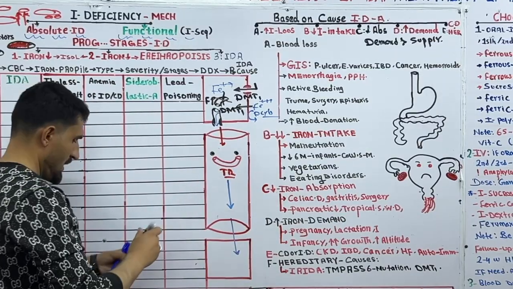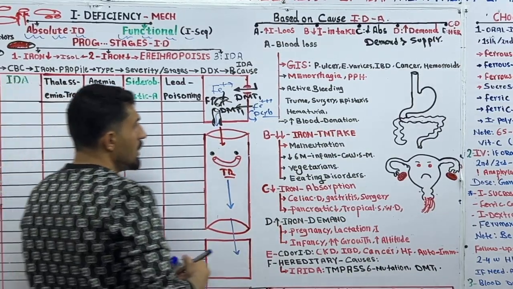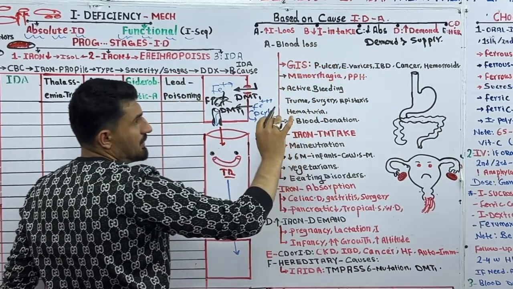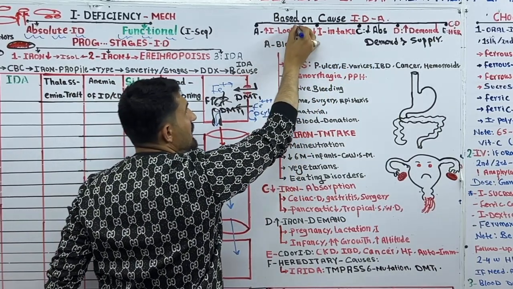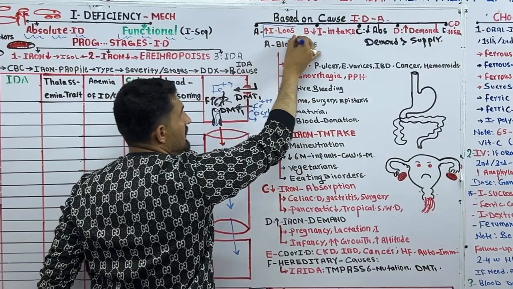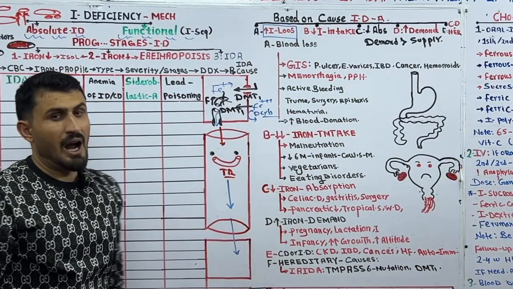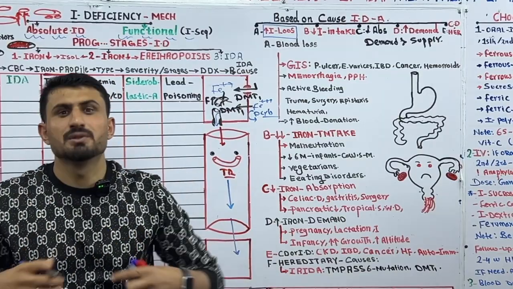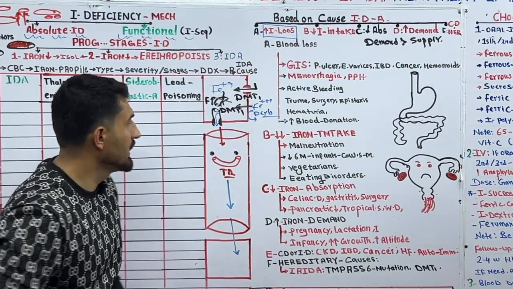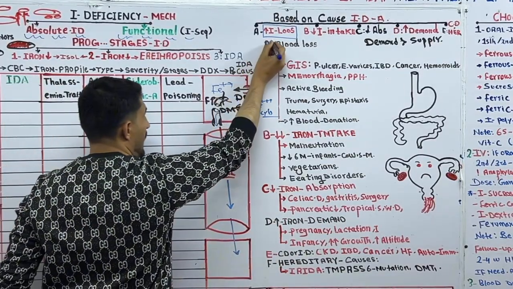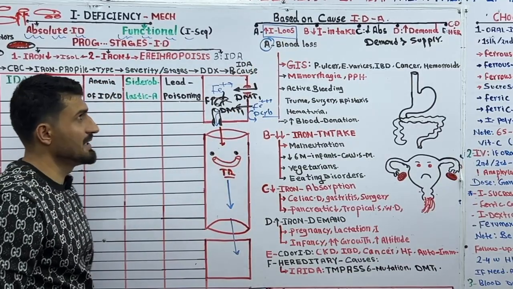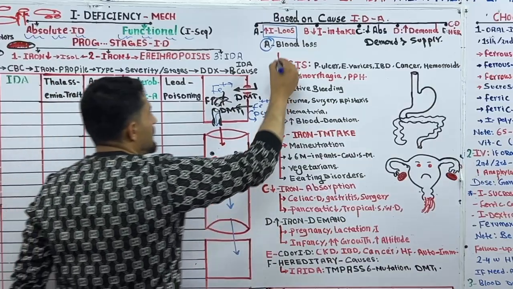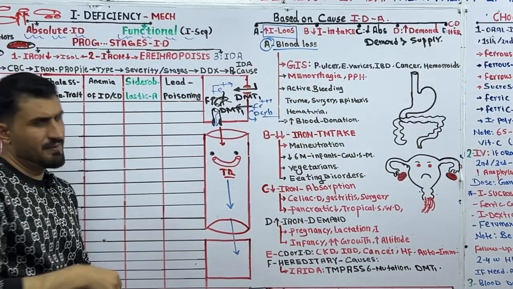For example, one major cause of iron deficiency anemia is losing iron from the body. In which situation do I lose iron from the body? The first situation is blood loss. Got it? What do I mean by blood loss? This is a very important point.